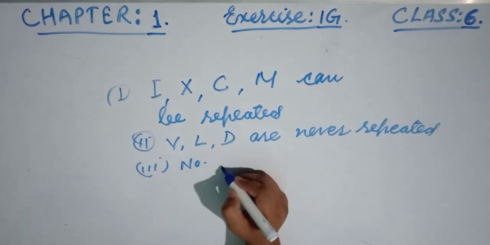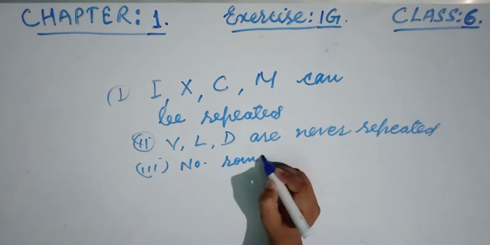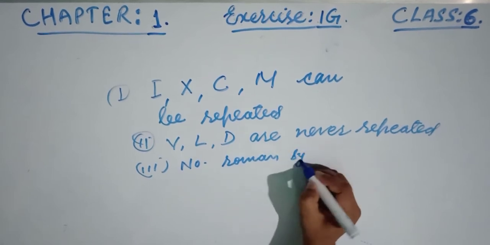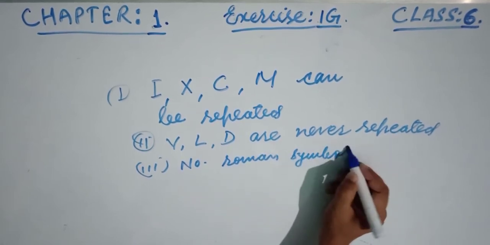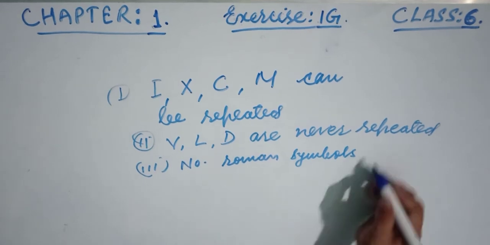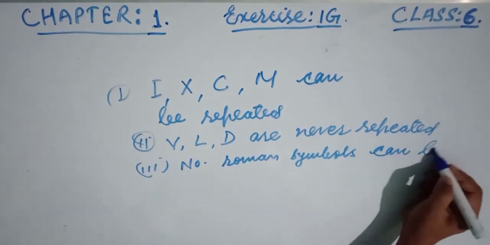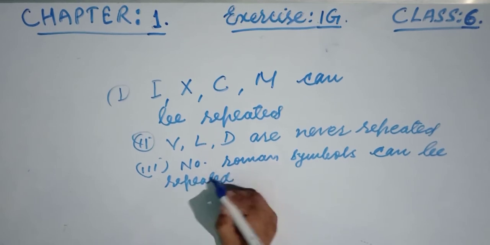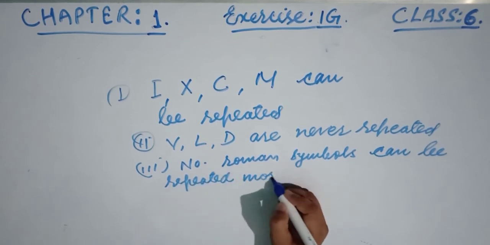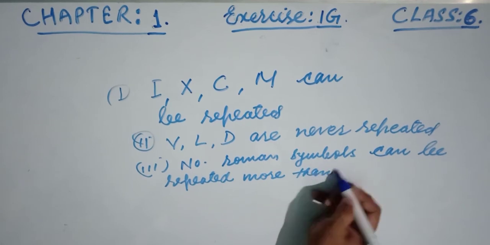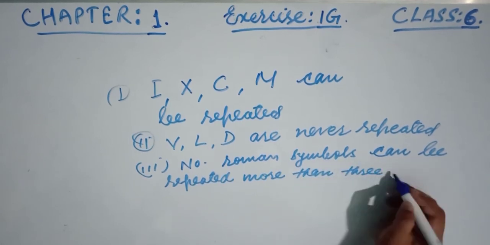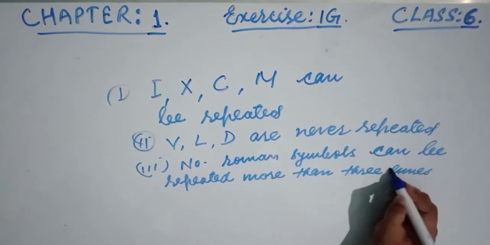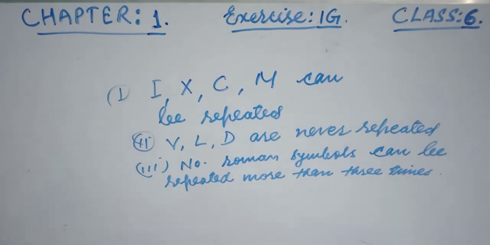No Roman symbol can be repeated more than 3 times. Okay friends, now see the next.